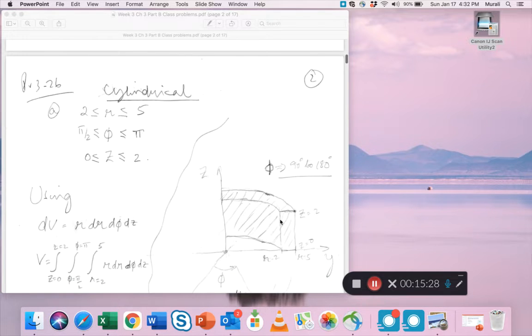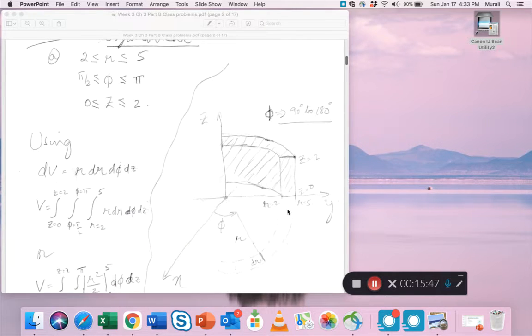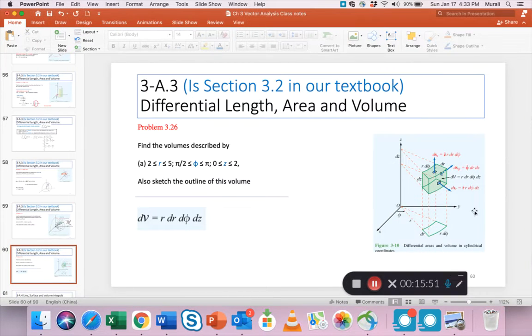Now the cylinder, or the part of the cylinder, looks like this. If you look at how I got this, look at the three properties that are given. We are given that r, the radius, is from 2 to 5, right? So if this is the radius axis along the y-axis, you can see that here also.